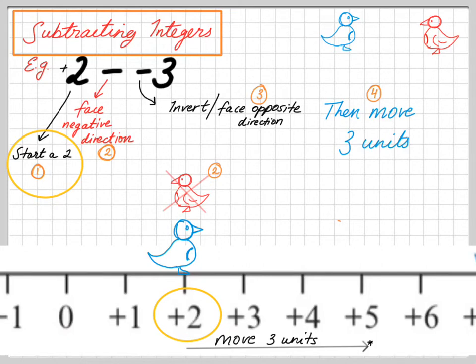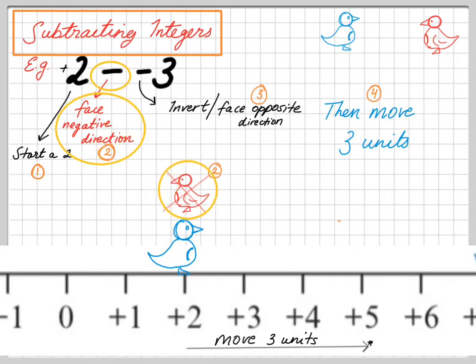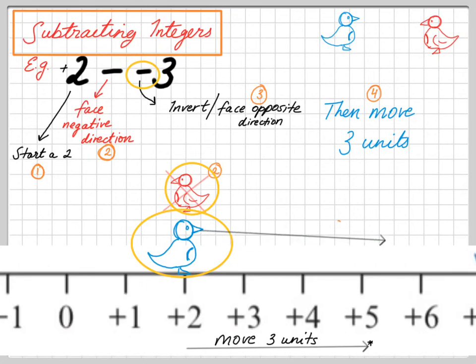And then we subtract, which means that we face the negative direction. That's why we're facing the negative direction. Now, because of this negative integer, we go the opposite direction, which is facing the positive direction. We're facing this way.